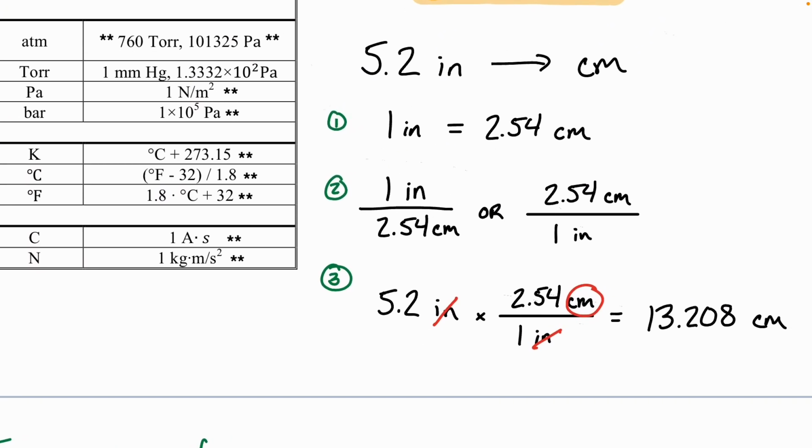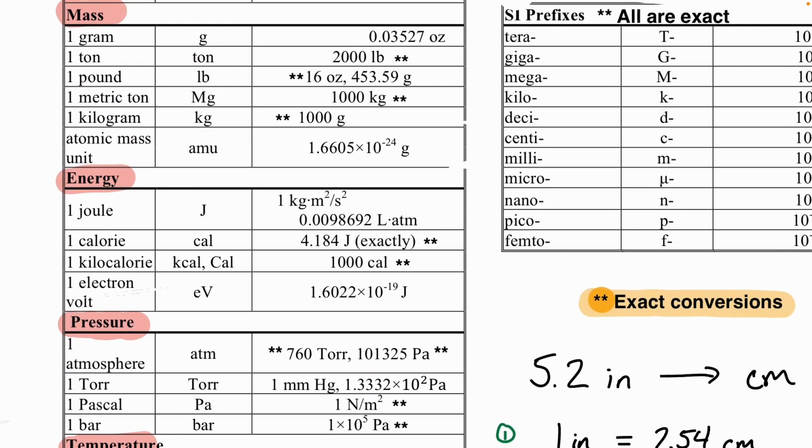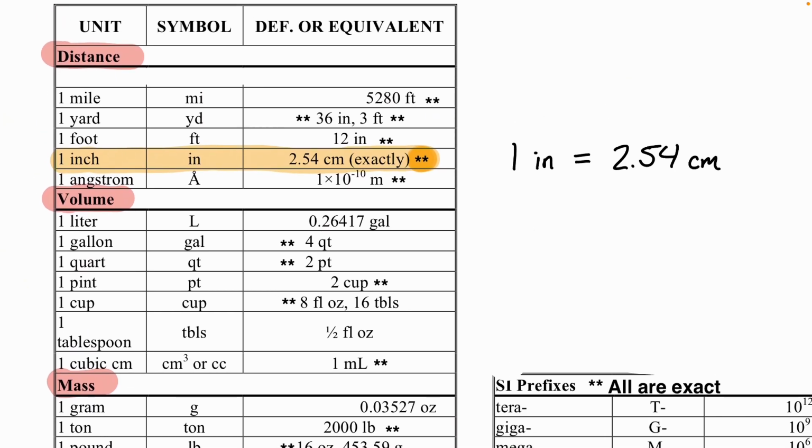So in this case, I'm only going to pay attention to my input, these two sig figs. And so my final answer, I will round to 2 sig figs. So 5.2 inches is equal to 13 centimeters. That's what that means. All right, so that's how we're going to use this table here.